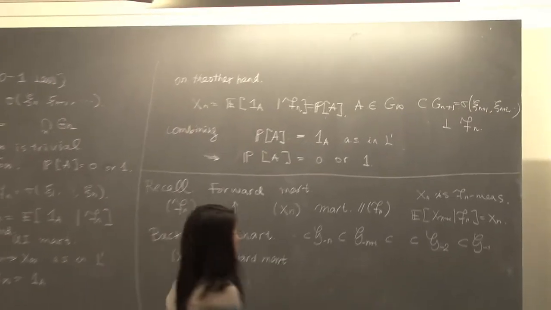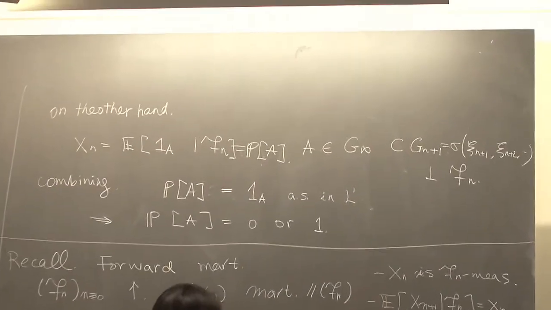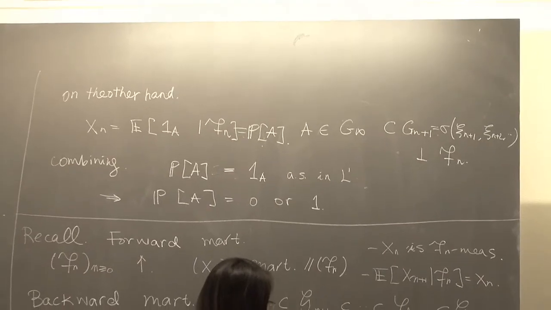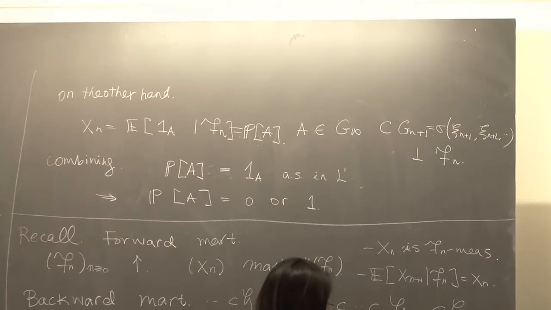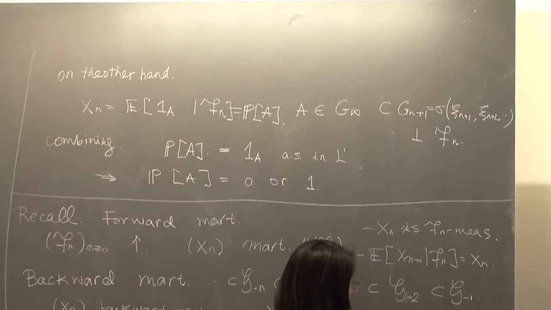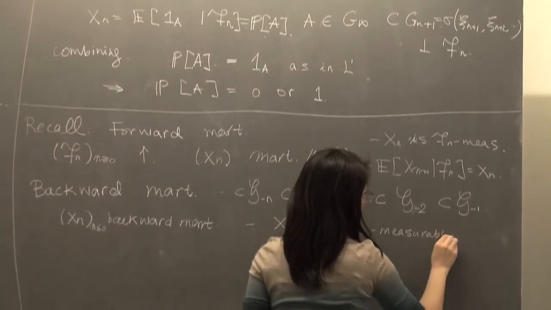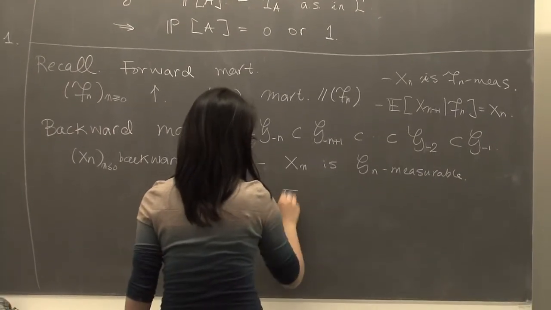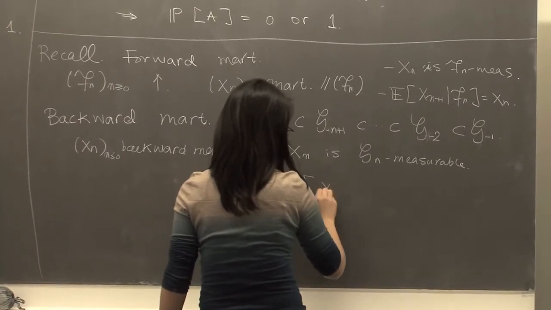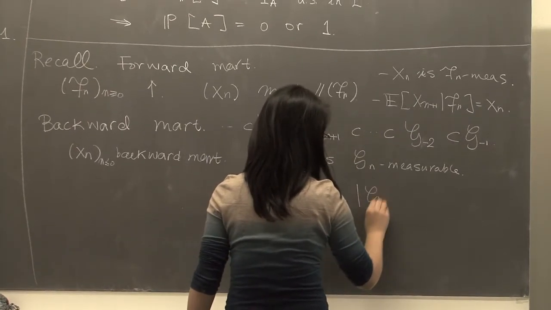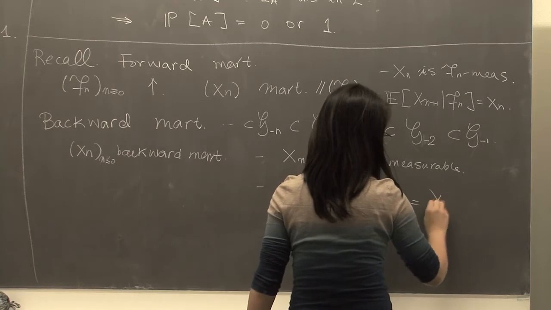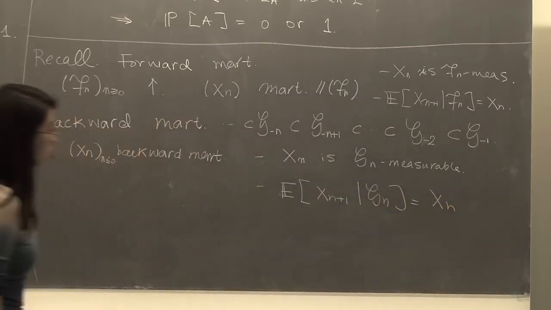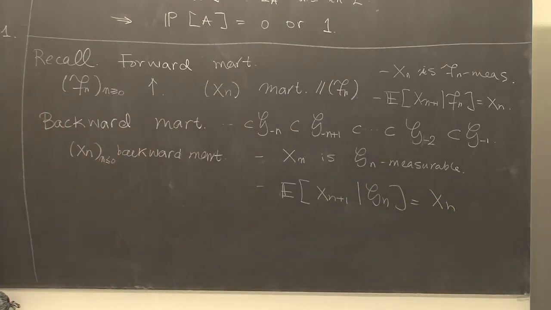It is a backward martingale if, first, Xn is Gn measurable. Second, the conditional expectation of Xn plus 1 given Gn equals Xn.